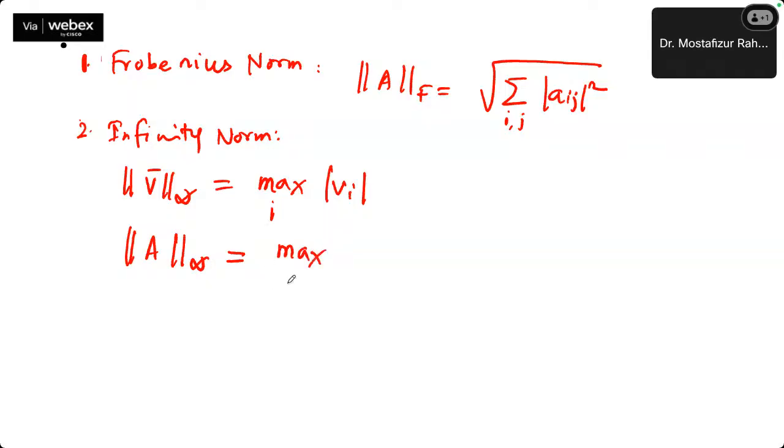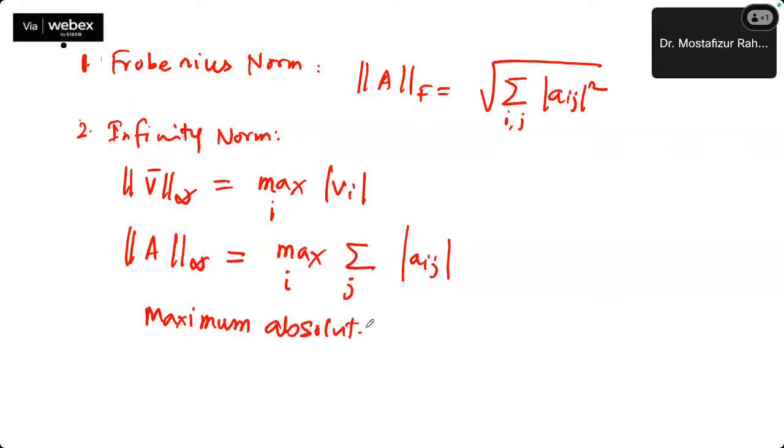This is max over i, if i is your row, of the sum over j, your column, of |aij|. Sometimes we say maximum column sum, but sorry, this is called the maximum absolute row sum.